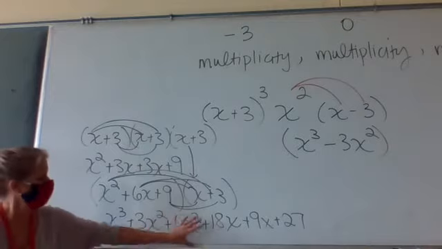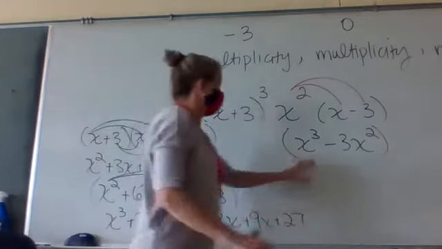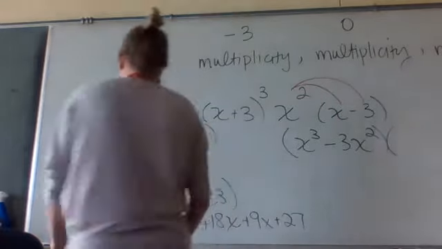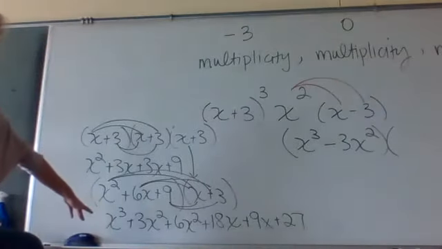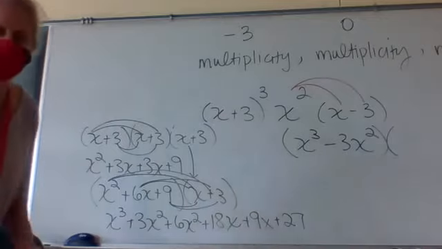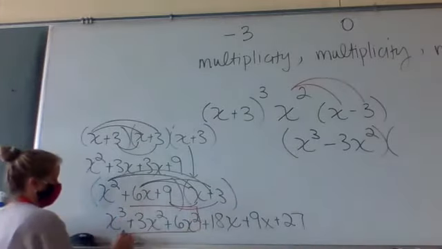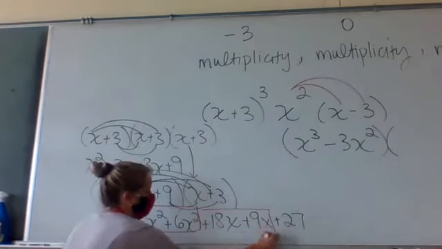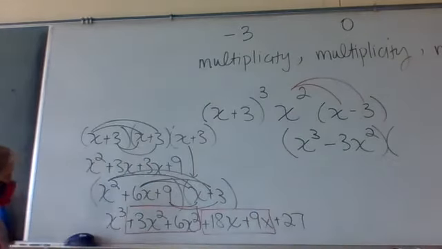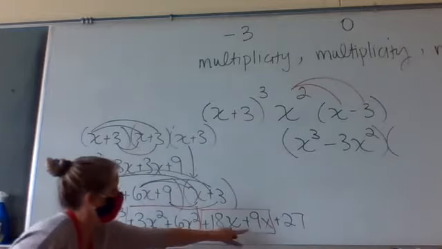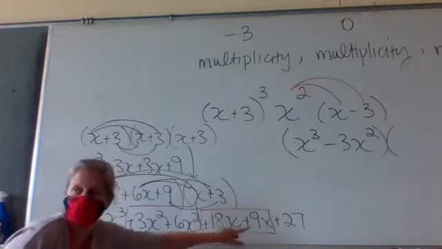So now remember, once I clean this up, I've got to multiply it times x to the third minus 3x squared. So let's see, what's going to go in that second parentheses? My x to the third. Because what am I putting together here? I need to put together my x squareds and my x's. So my x squareds are going to end up being 9x squared, and my x's will end up being 27x.